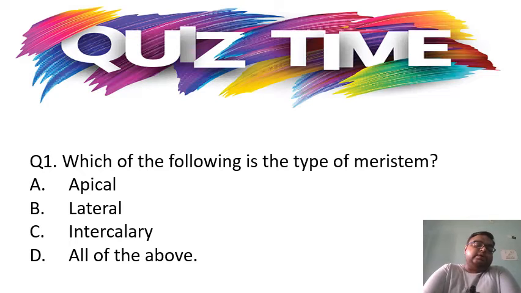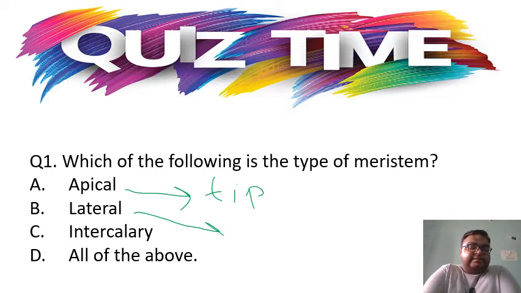So we have seen that the correct answer is all of the above. The apical meristem is present on the tip of the root or the tip of the stem. The lateral meristem is present on the sides of the stem or the root, and it increases the girth.